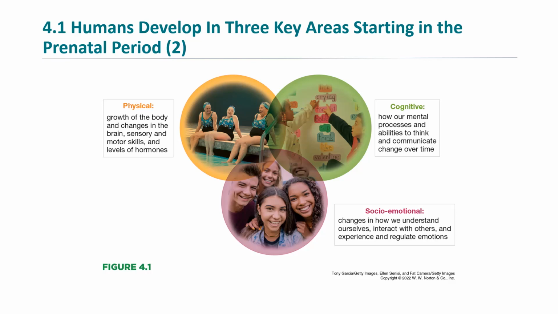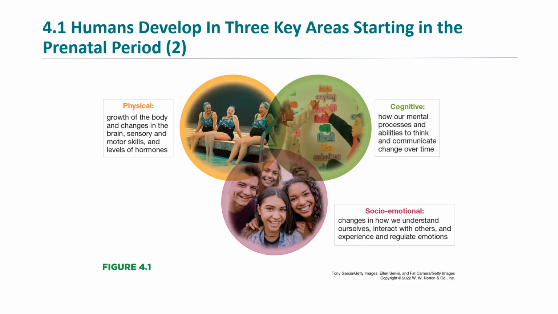These 3 domains interact with each other, which is why they're overlapping. When there are changes in one of the domains, it's going to affect the other 2. I'll give you a quick example. As the brain physically matures, in the physical domain, it's going to affect how we think about others, and it's also going to affect our communication skills, which are both in the cognitive domain.